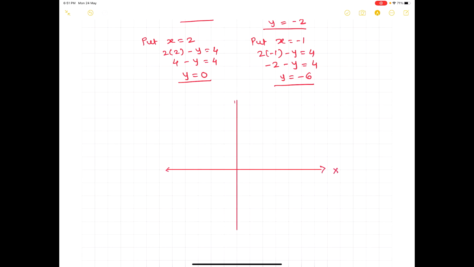This is the x-axis, x dash. Next is the y-axis, y, y dash. This is your origin, that is 0.